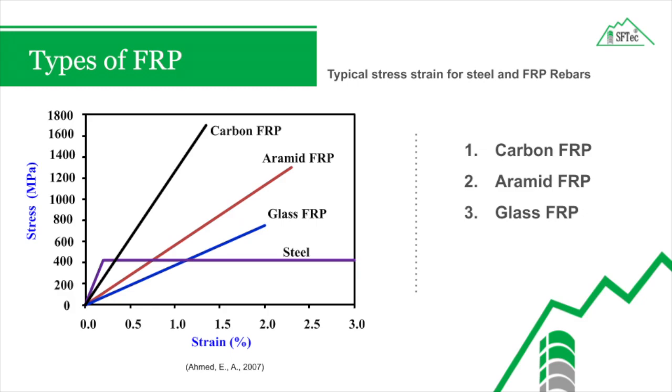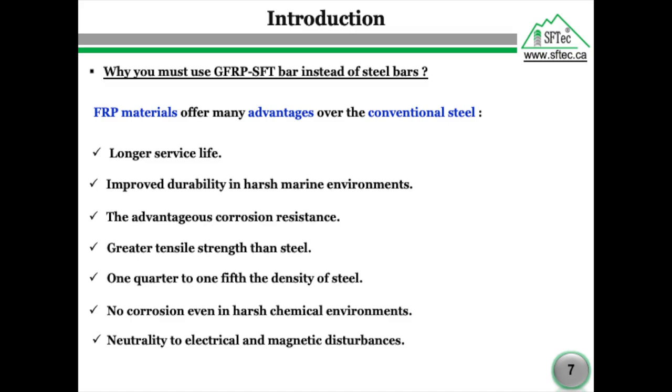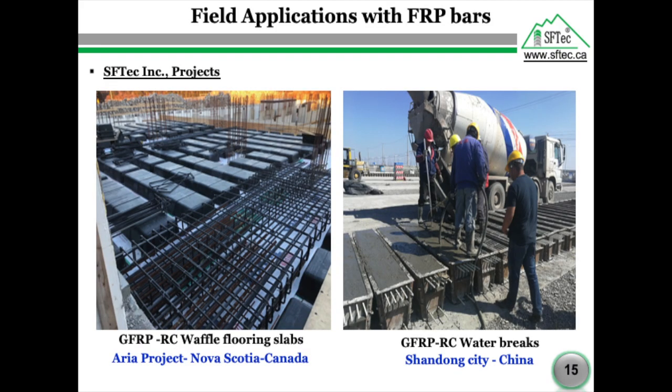But in the market now, we are focusing on GFRP because GFRP bars have gained wide acceptance as a construction material to reinforce concrete, due to their cost effectiveness, but also in terms of structural performance, structures reinforced with GFRP bars perform very well.